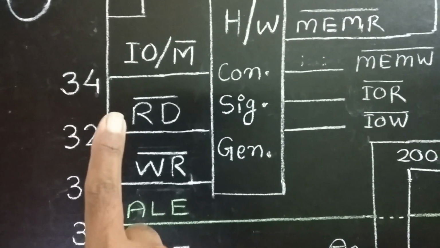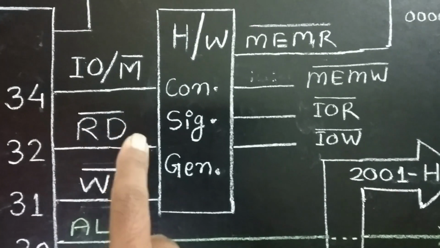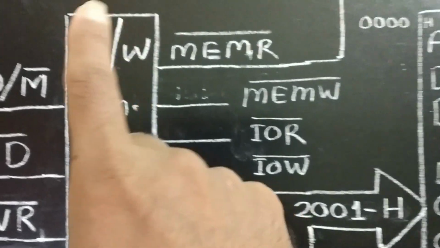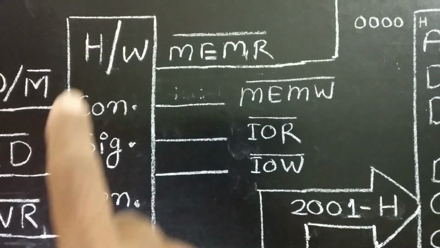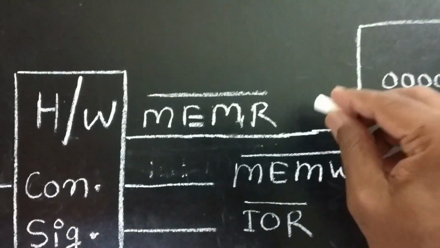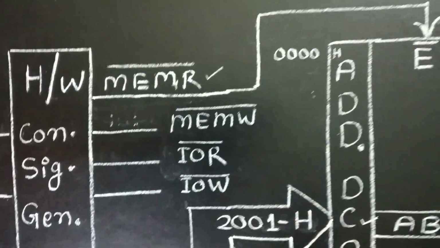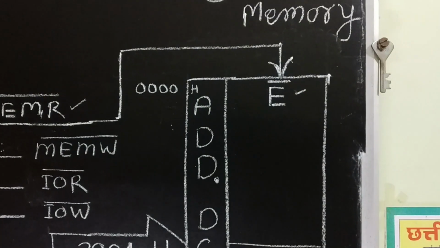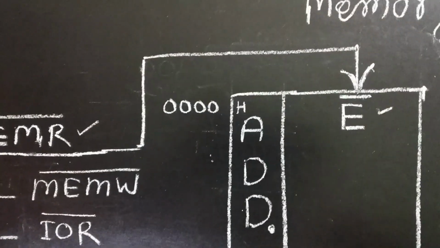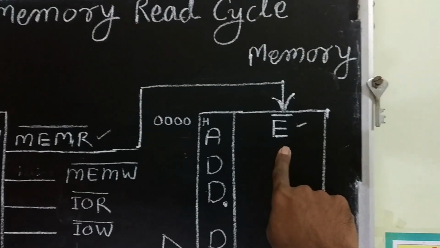Because it is a memory read operation, this will be activated low, and with the hardware for control signal generation, this memory read signal will be activated low and transferred to the enable signal of the memory.